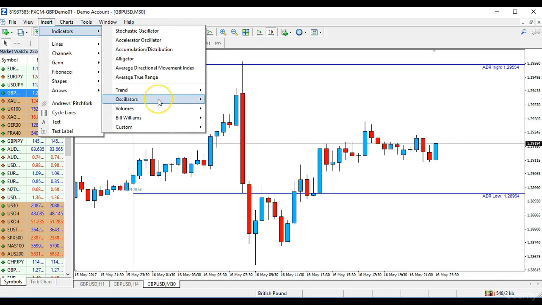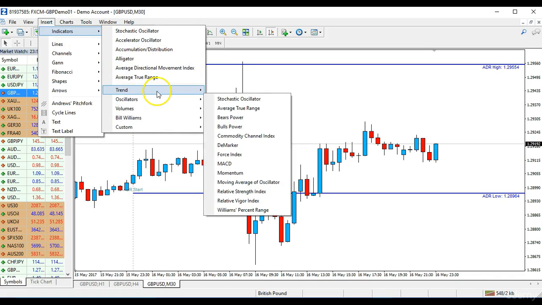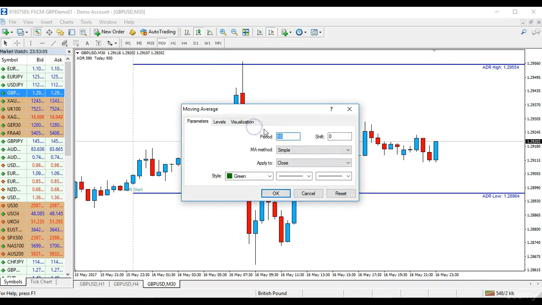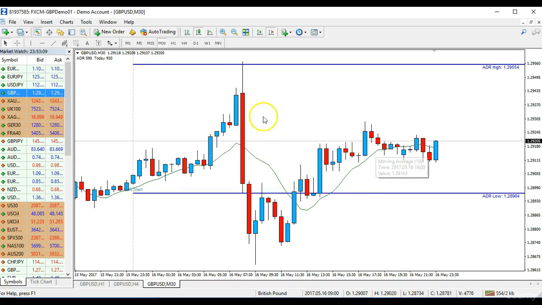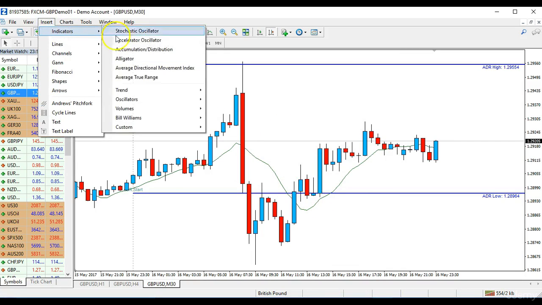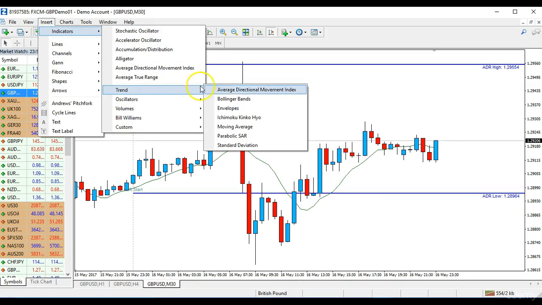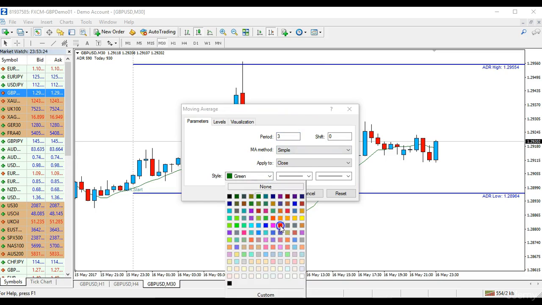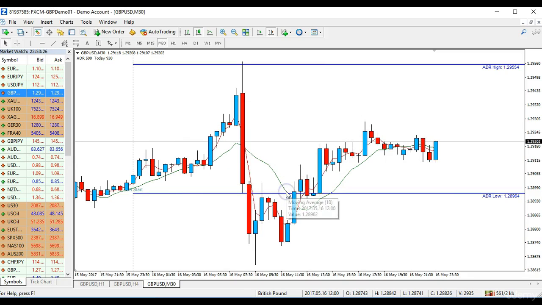Let me give you another indicator that I use and tell you how I use it. Another indicator I use is a moving average. I use a 10 period green moving average and a 3 period red moving average. The reason I use these is to get a visual representation of how fast price is moving.